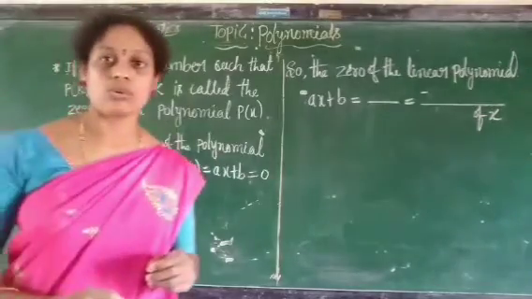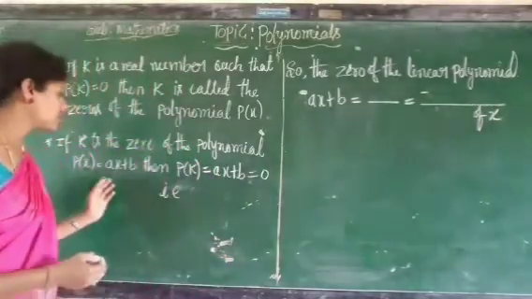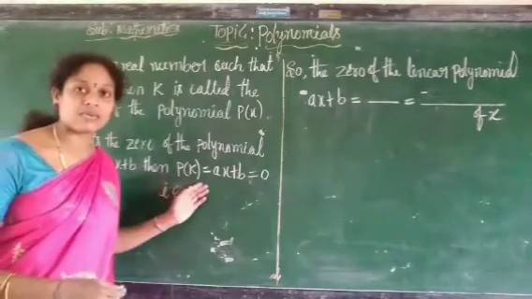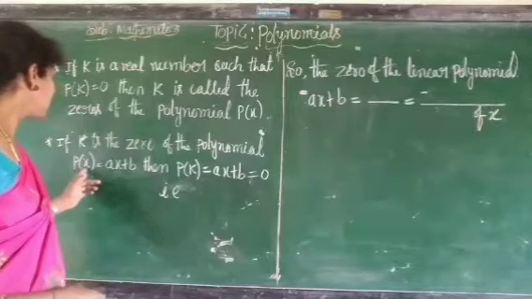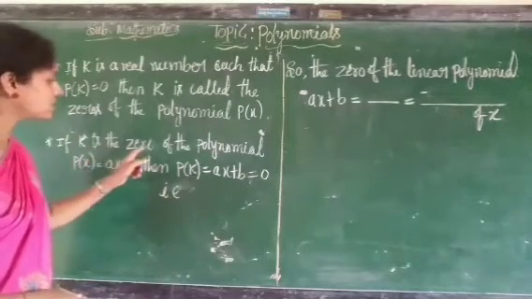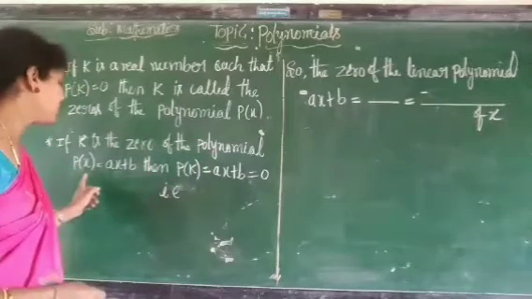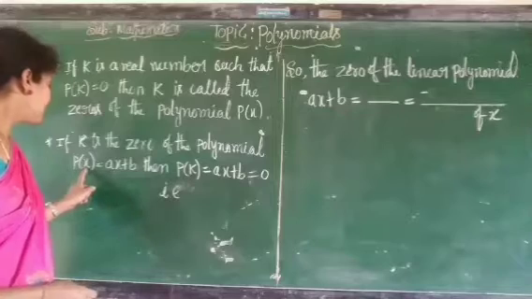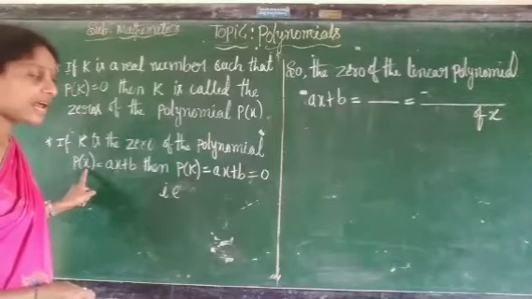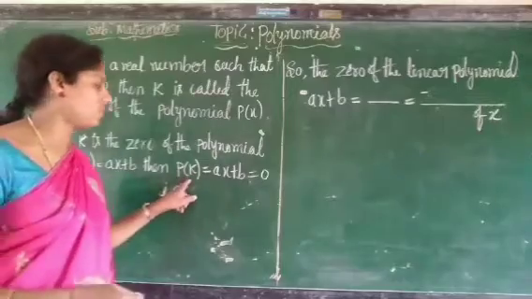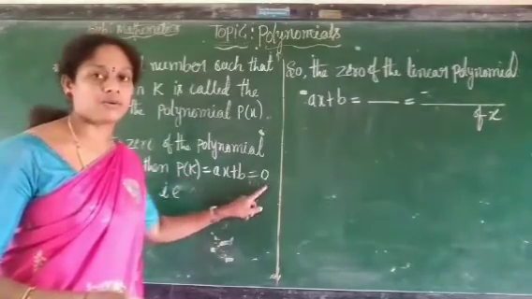The second point, if k is the zero of the polynomial p of x is equal to ax plus b, then x is equal to k, then we can write p of k. P of k is equal to ak plus b is equal to 0.